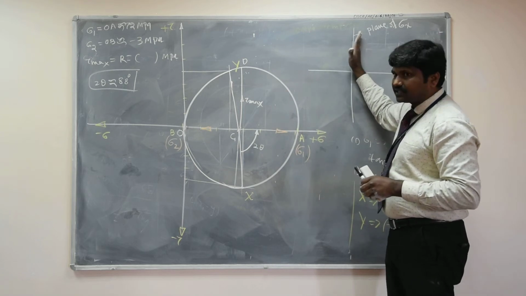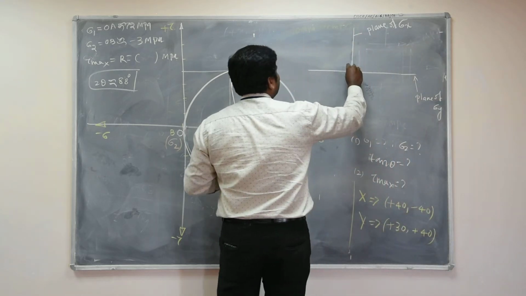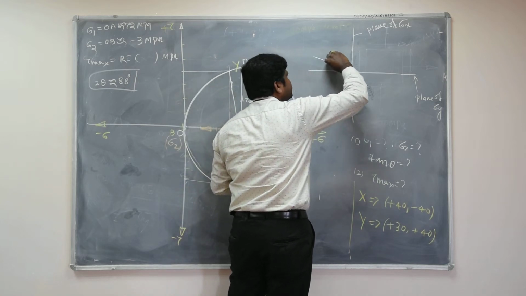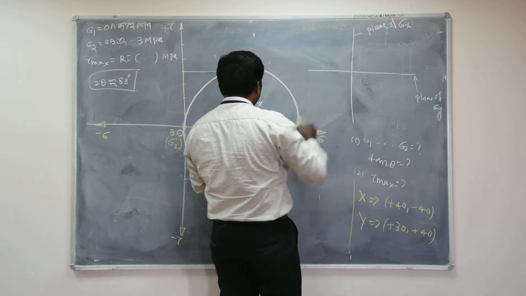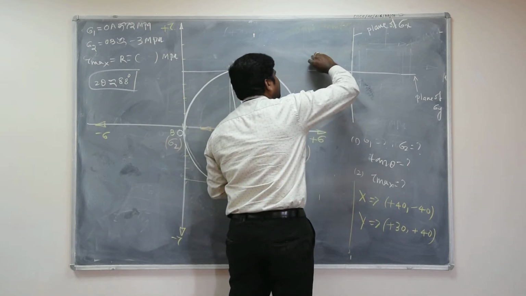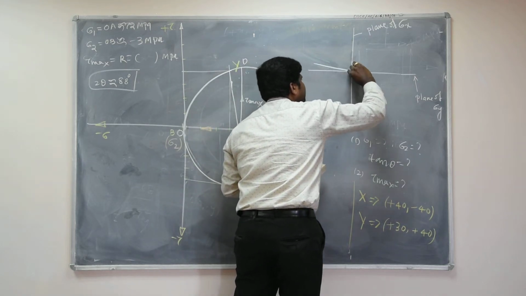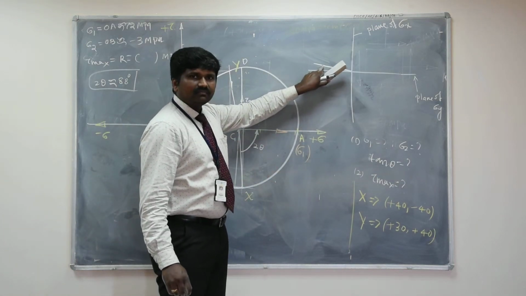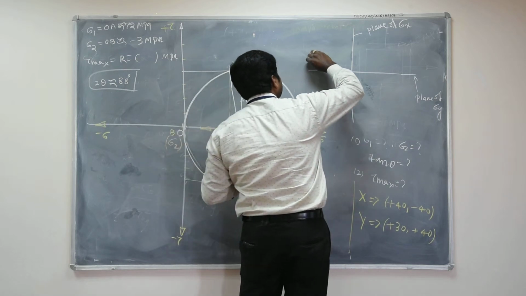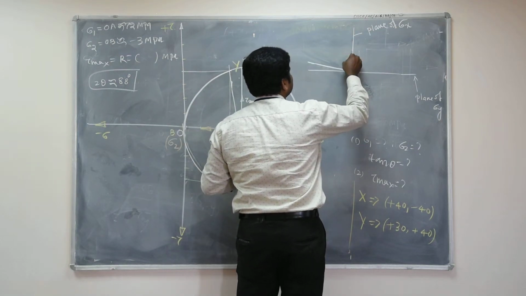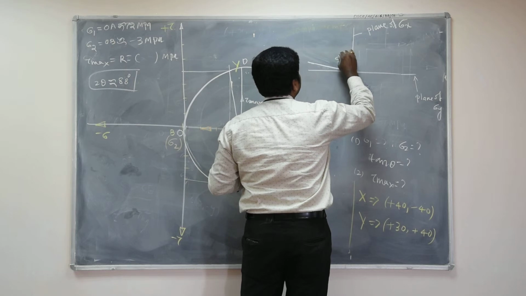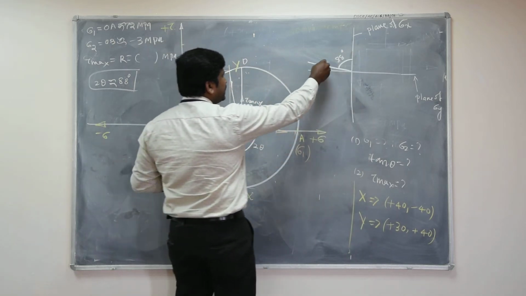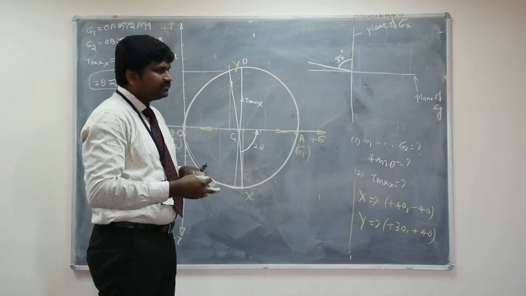So 88 degrees will come approximately here, close to this. This is the plane of sigma 1. This angle is around 88 degrees. In this plane, the maximum principal stress will exist.